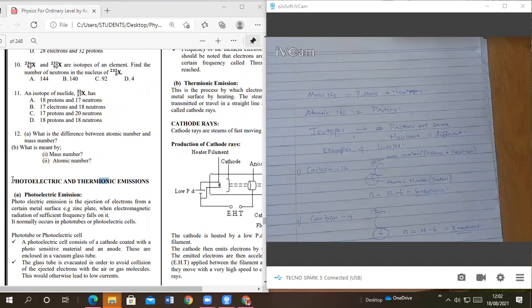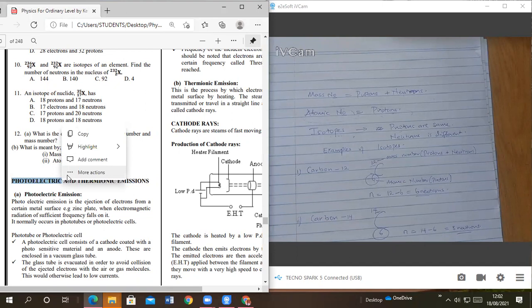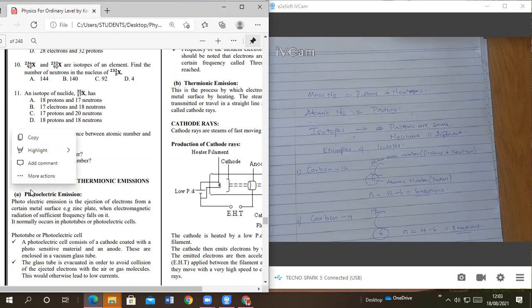The photoelectric emission, sometimes called photoelectric effect, is the process whereby electrons are emitted when a radiation falls on a metal surface. That is photoelectric.